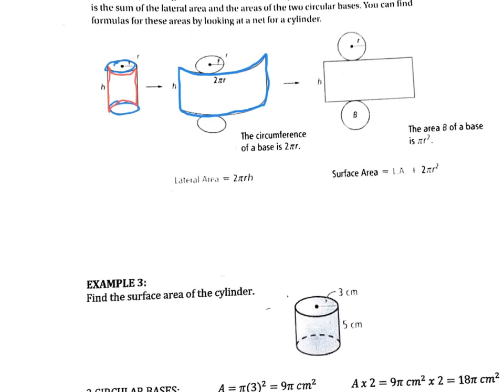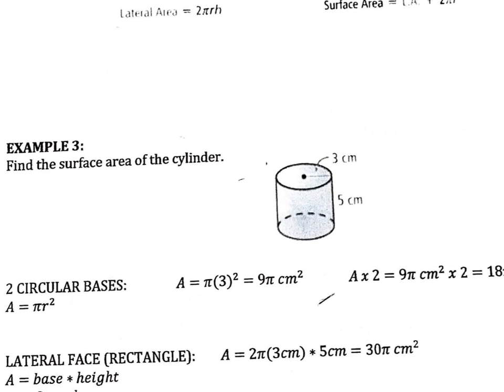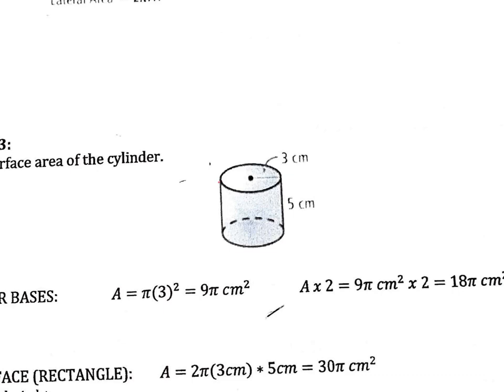So if we have this example 3 here, so with the sides again, if we were to unroll that cylinder, it would give us a rectangle like this. This is the height, which would be 5.